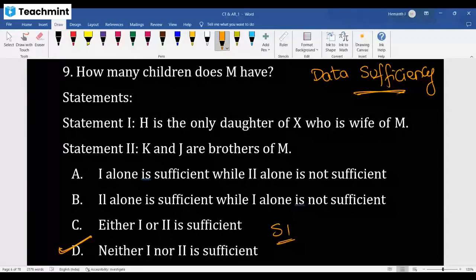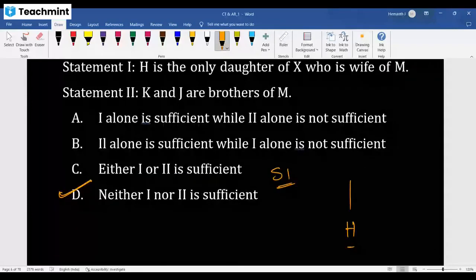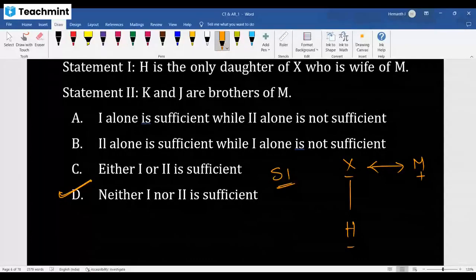H is the only daughter of X. X is wife of M. Okay, fine. Here they said only one daughter, not only one child. If they mention only one child, then how many children M is having is one, and I can say statement 1 alone is sufficient. Statement 1 alone still, whether H is having any sibling, we don't have clarity.